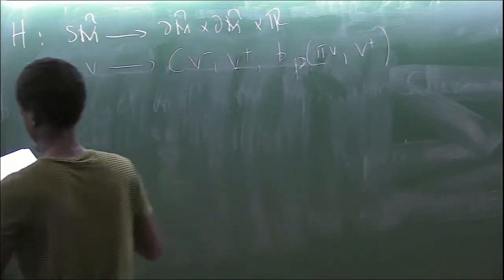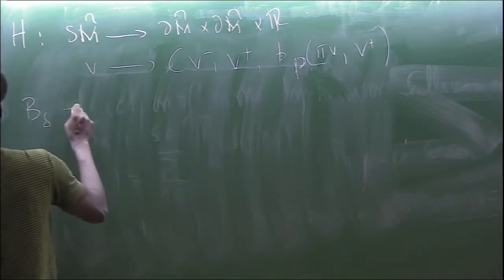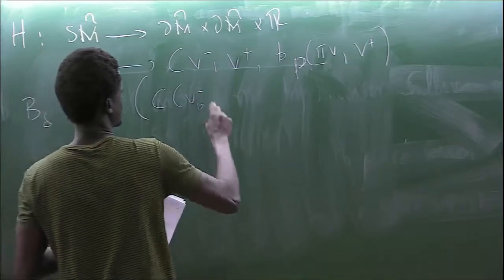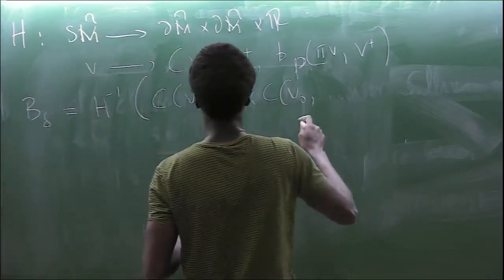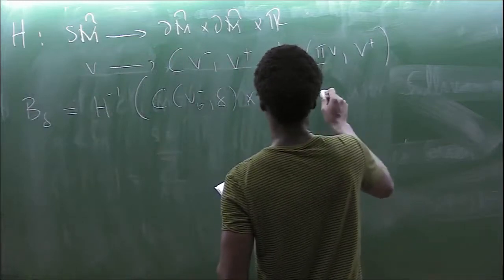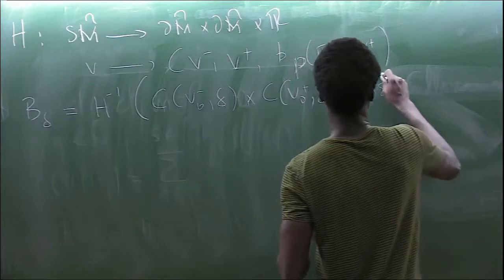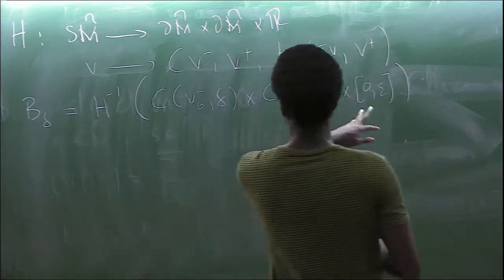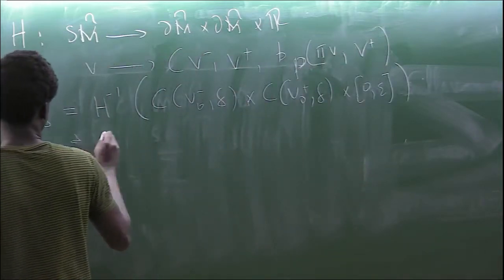Now, you define your detector as the set B_delta equals H to the minus 1 of C_V0 minus delta times C_V0 plus delta times (0, epsilon). So V0 and epsilon are fixed once and for all.